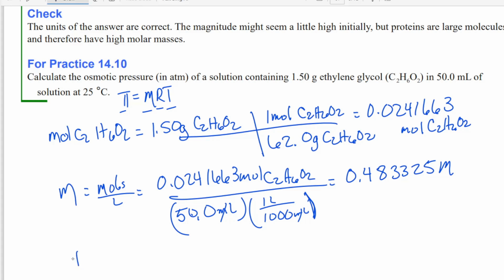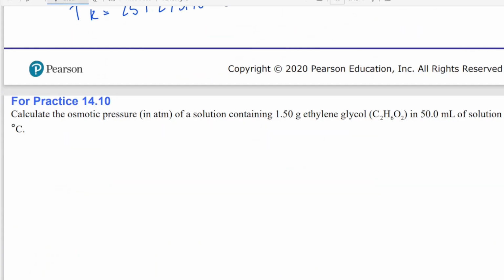Okay, so now we have the molarity. The temperature in Kelvin is equal to 25 plus 273.15, so that's equal to 298.15 Kelvin. So pi is equal to mRT.